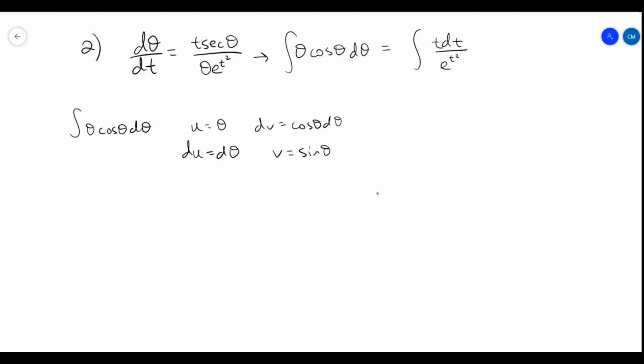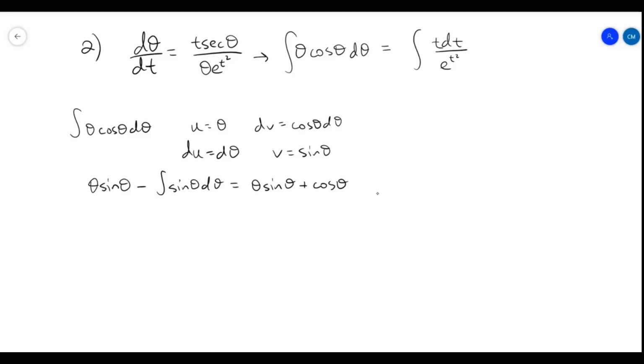So the parts formula says this will then become theta sine theta minus the integral of v du, so that's just going to be the integral of sine theta. The antiderivative of sine is negative cosine, so this becomes plus cosine theta.